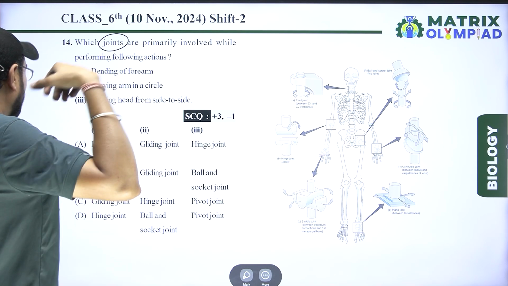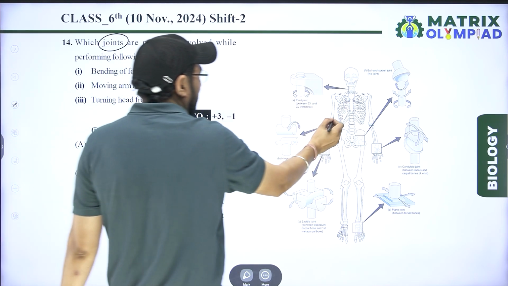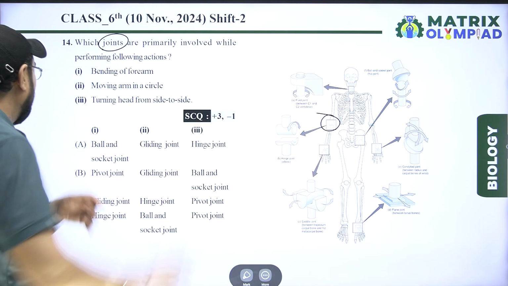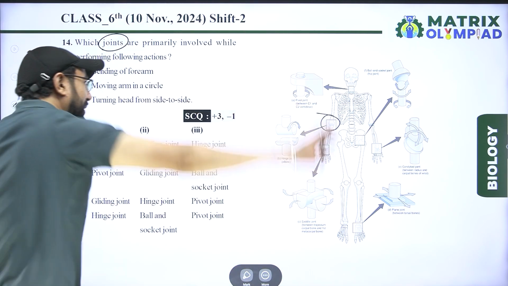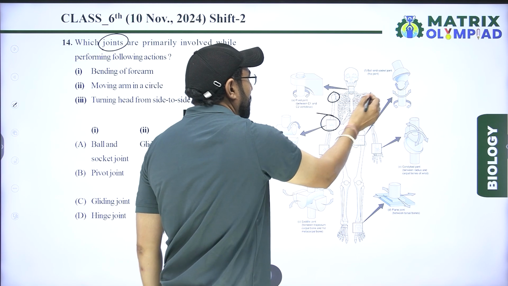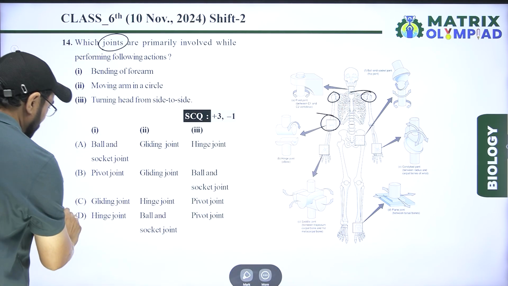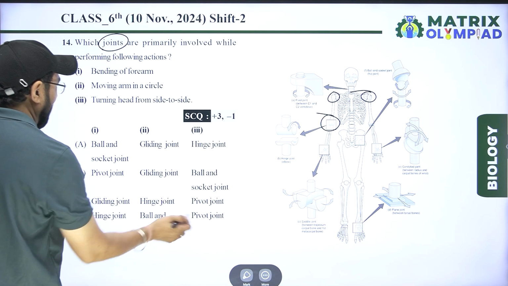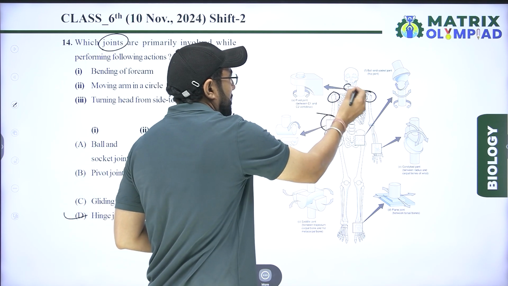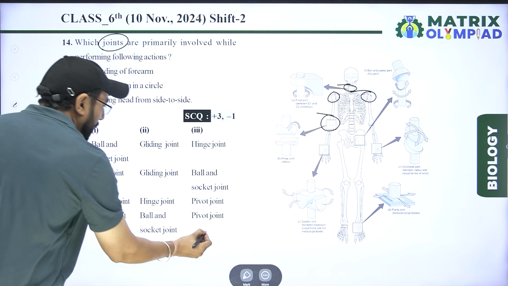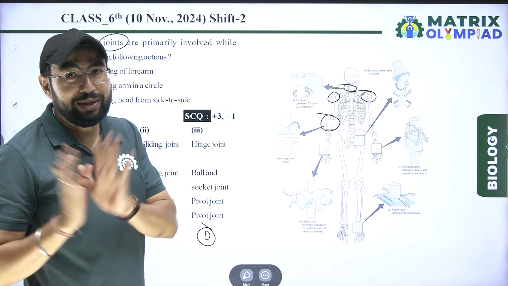First, bending of forearm is related to hinge joint. Next, moving arm in circle is related to ball and socket joint. Turning head is pivot joint. So, according to these movements, option D is correct for this question.